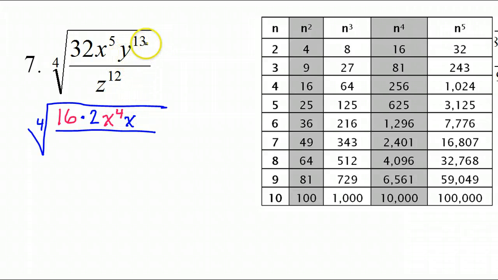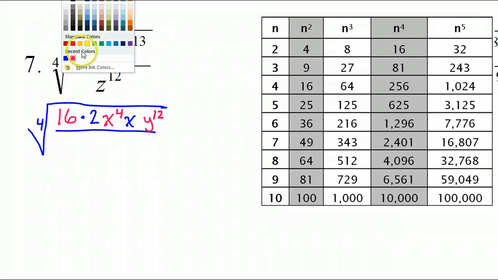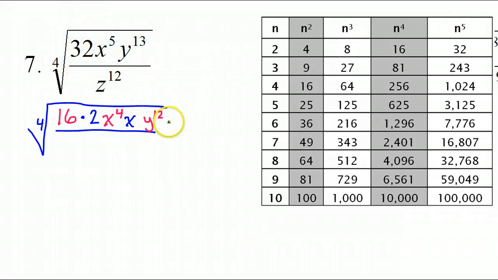Now, y to the 13th power. That is not divisible by 4, but the first number under 13 that is divisible by 4 is 12. So I can rewrite y to the 13th power as y to the 12th power times y. Together that will make 13.